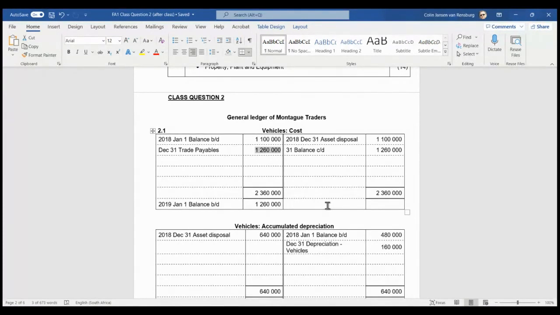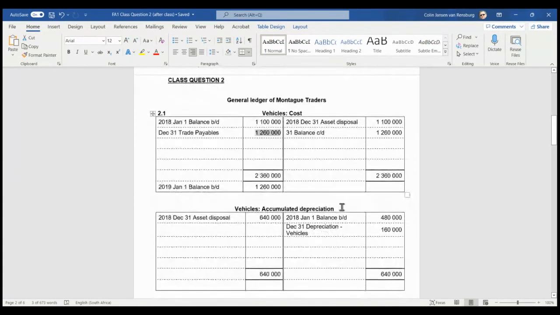So that means that at the end of the day, this account now has a balance of 1,260,000. When we balance this account off, we are going to carry it down to the debit side for the new year. That is something that you've done earlier in the year, how to balance and close off general ledger accounts, so that is pretty straightforward.